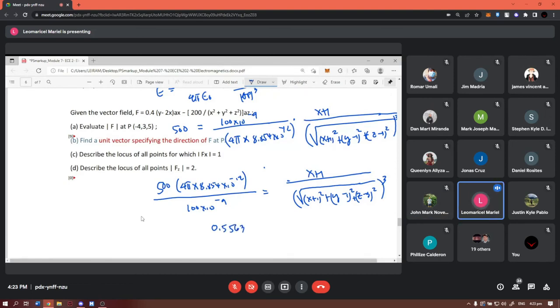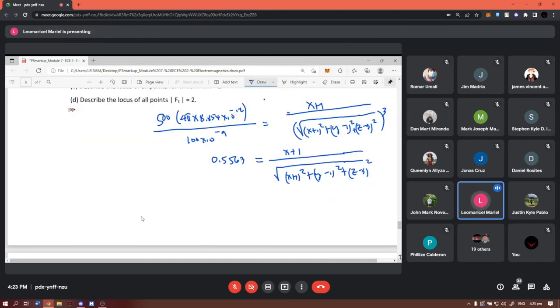Okay lang ito, 0.5563 equals x plus 1 all over square root of x plus 1 squared plus y minus 1 squared plus z minus 3 squared. Then pag pinag-cross multiply mo yan, pwede mong i-simplify it. Okay?